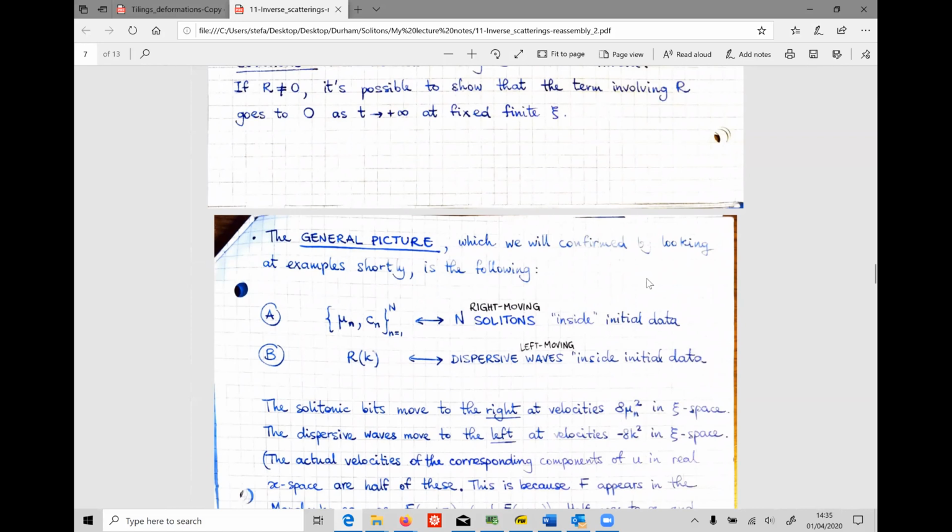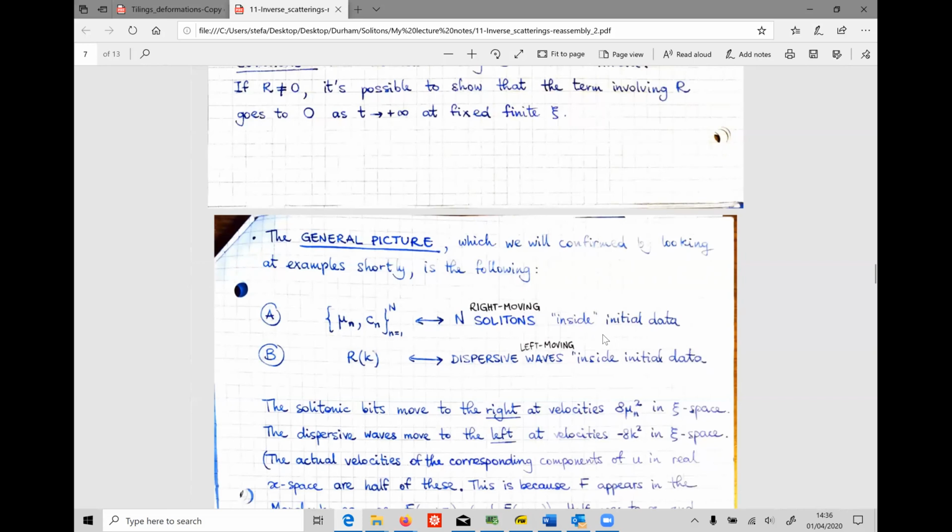When we plug it into this recipe, we first find F, then the integral kernel K, and then from it we obtain the Schrödinger potential V, which is the KdV field. We learn that the KdV field indeed involves n right-moving solitons, which are hidden inside the initial data.